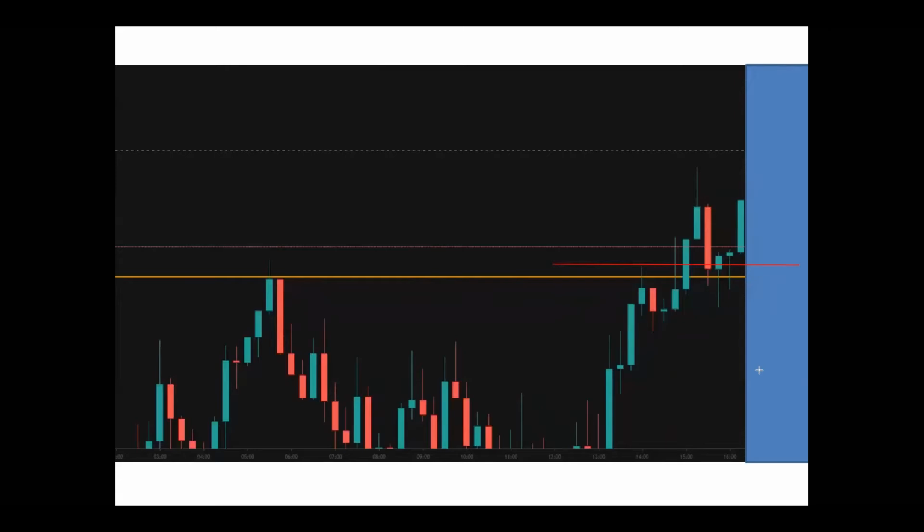A dream of a trader is to have zero drawdown, minimal drawdown, and the price moves in their direction. So once you have a trade, let's say you took your trade right over here, right? And now you have your stop loss in profits as well. So now you have a risk-free trade.